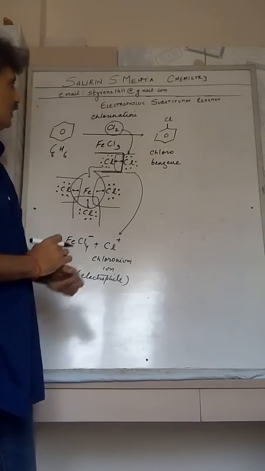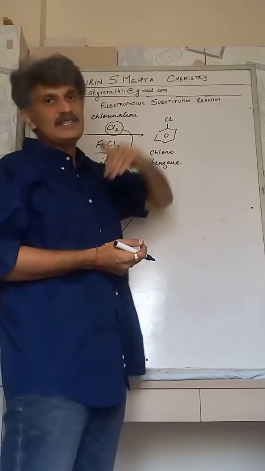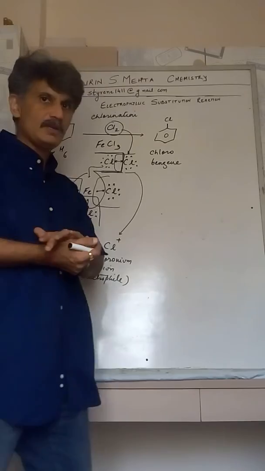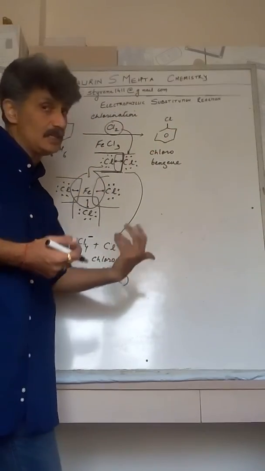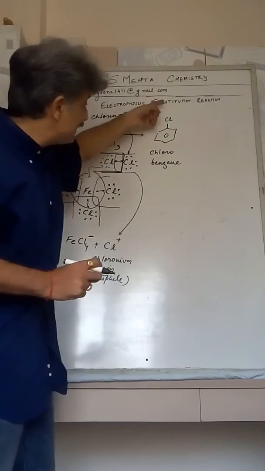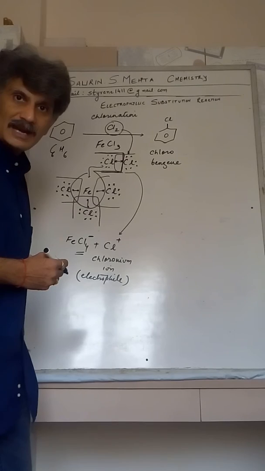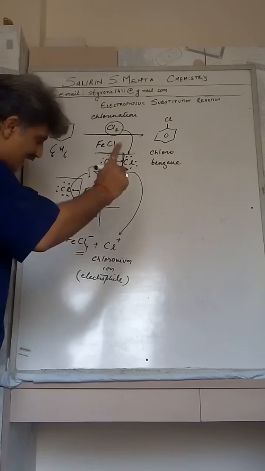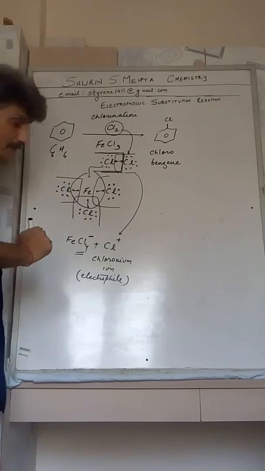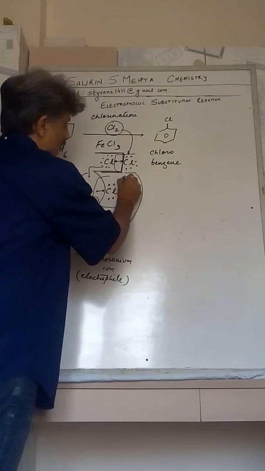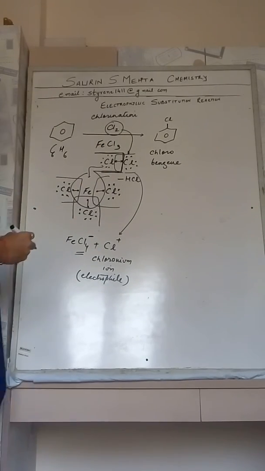Okay. What is next? The H which left the benzene nucleus, which left the carbon, has now got a plus sign because it leaves its electron behind. That is your proton. That H plus combines with FeCl4 minus, and that H plus takes away one Cl minus which was introduced in FeCl3 and forms a byproduct, HCl, hydrochloric acid.